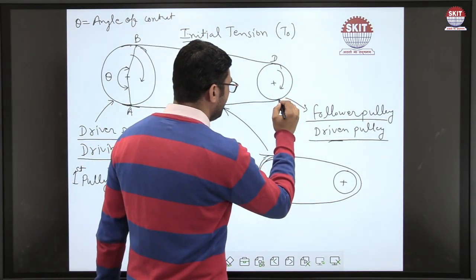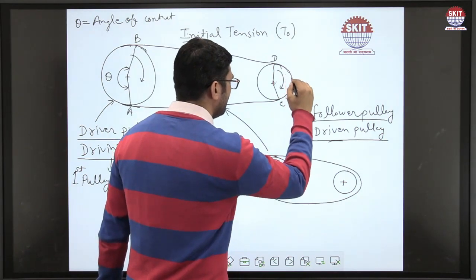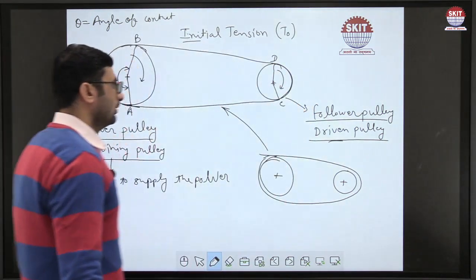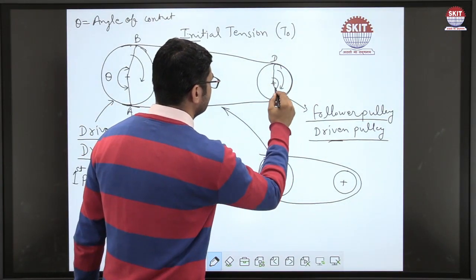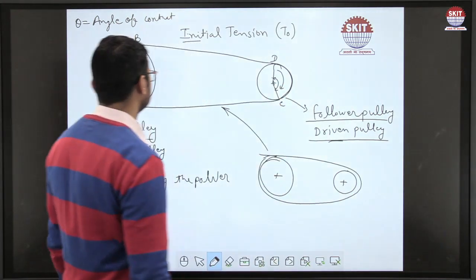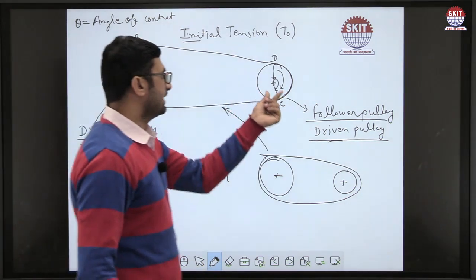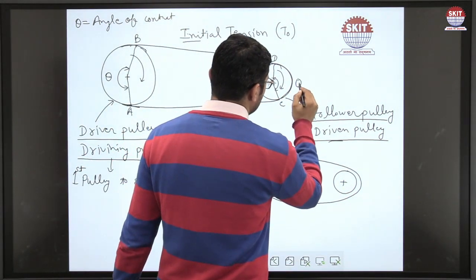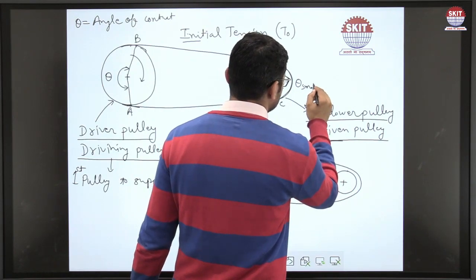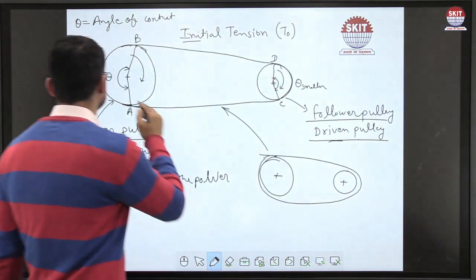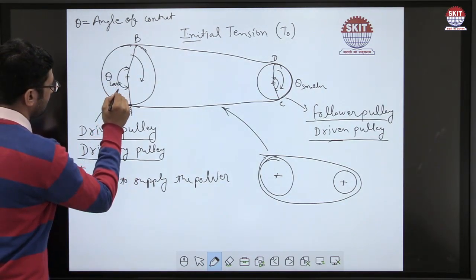The angle made by the belt at the center of the pulley is known as the angle of contact. This is the angle of contact at the larger pulley and this is the angle of contact at the smaller pulley.